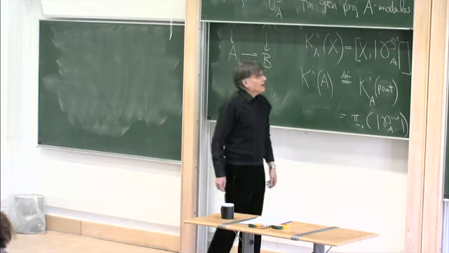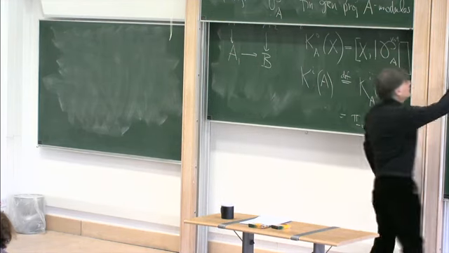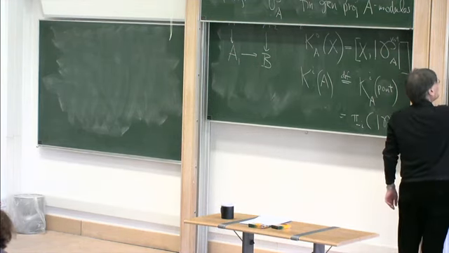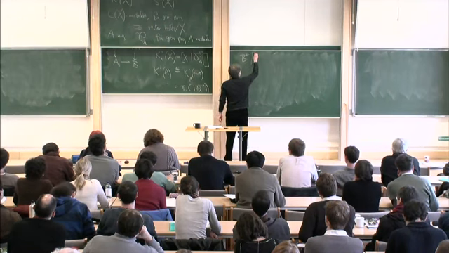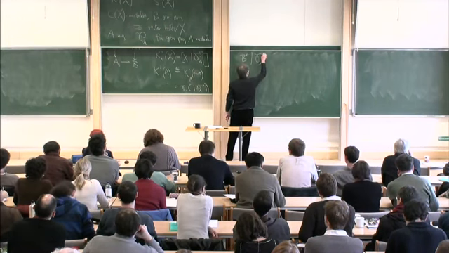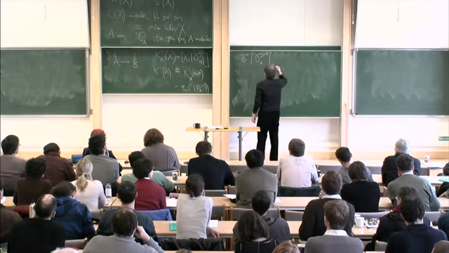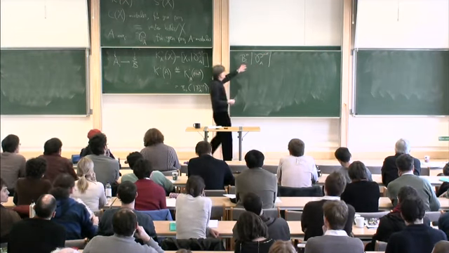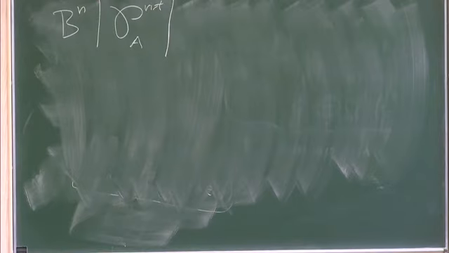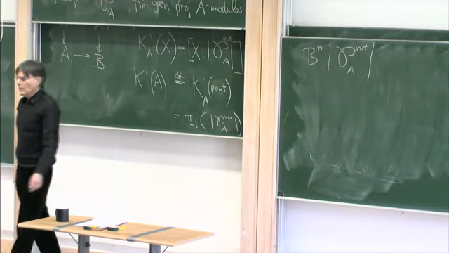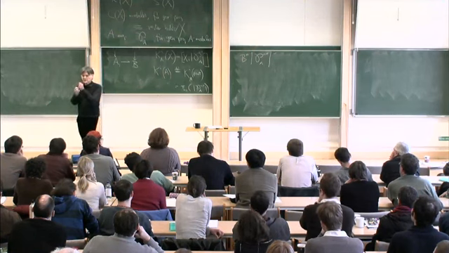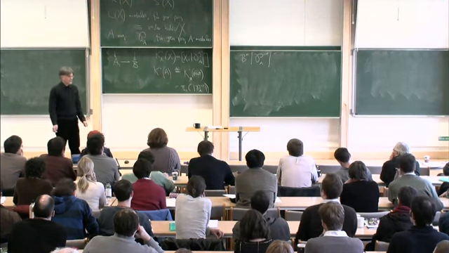We need to have a string of spaces, call them B_n, such that each is the loop space on the one below. If you take the loops on B_n, you get B_{n-1} of this. And that gives you the data that gives you a cohomology theory rather than just a string of groups defined in negative dimensions.